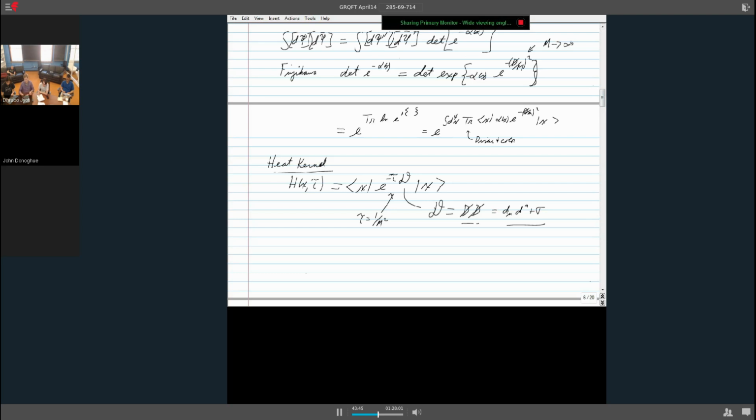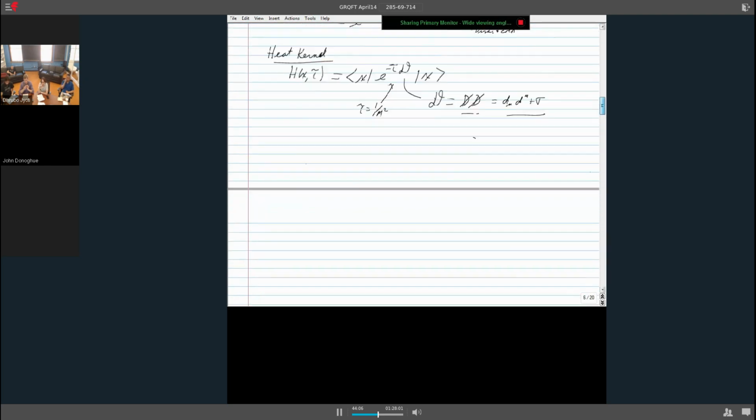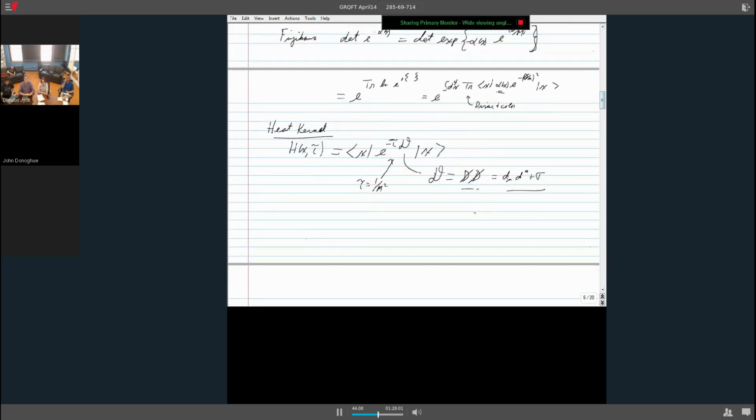So this quantity that we have to evaluate is really just the heat kernel with tau being 1 over m squared and the differential operator being d slash d slash.